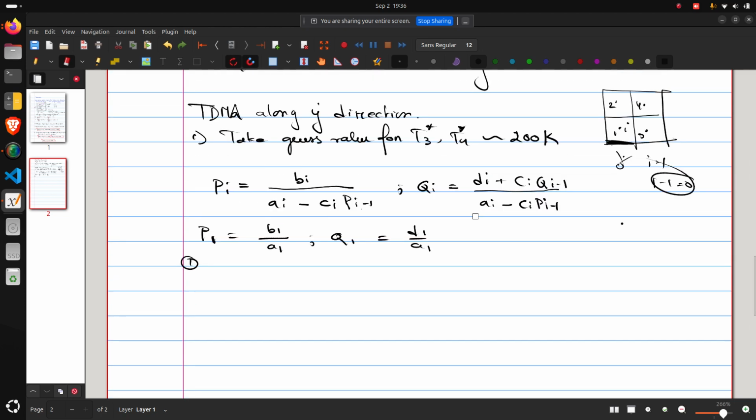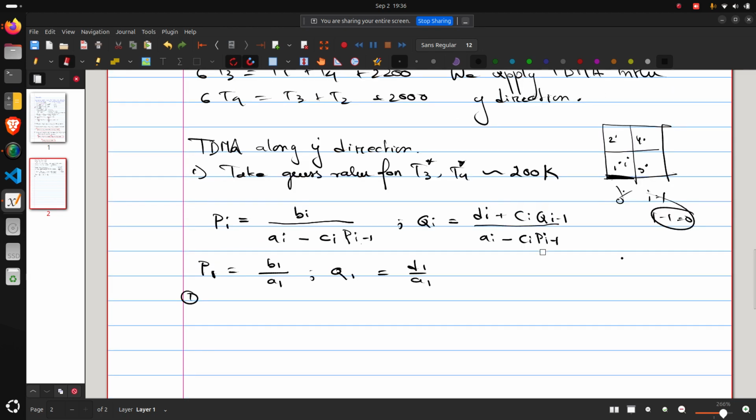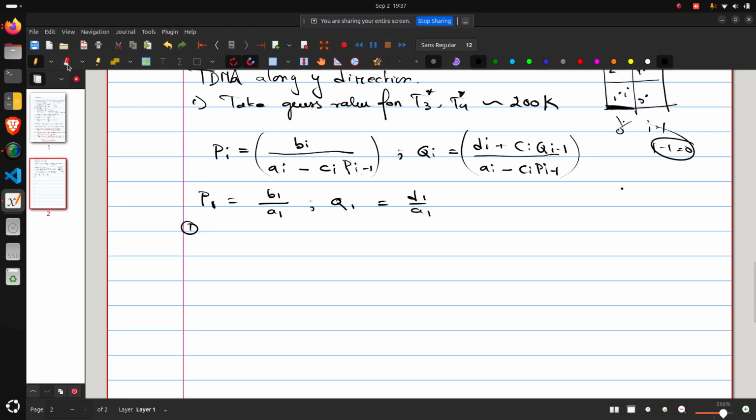Let me just, shall I derive the formula for how we reached it, so it will become clear?